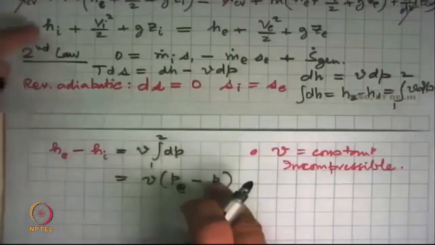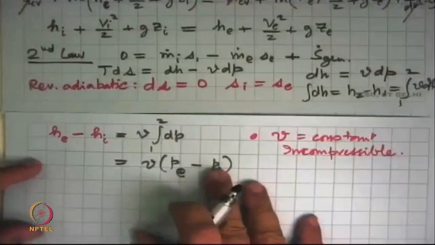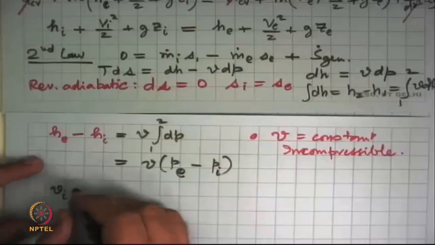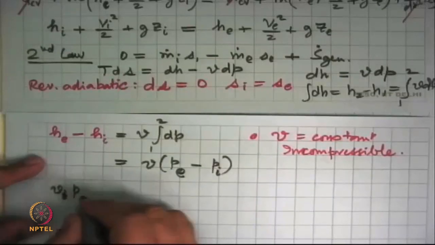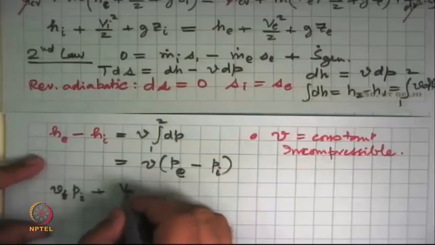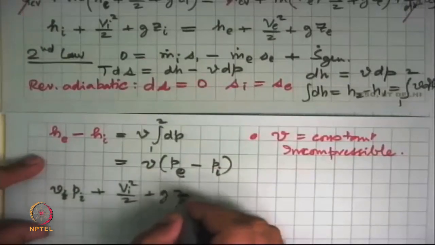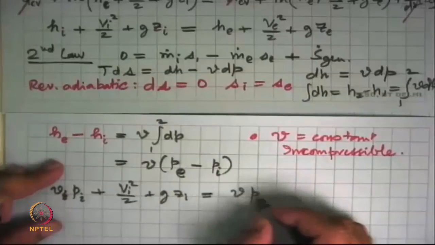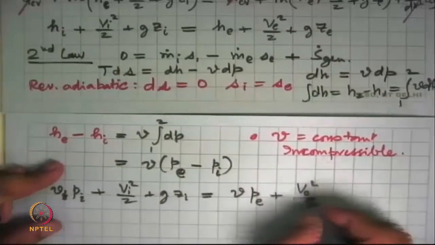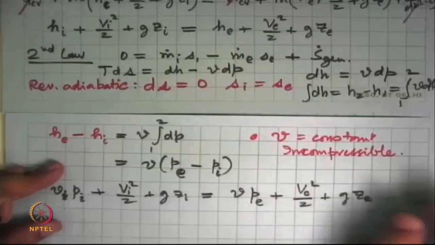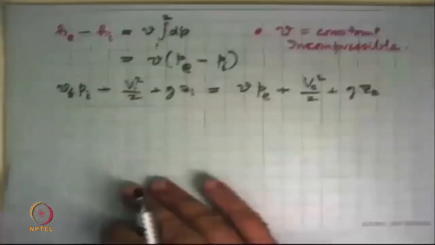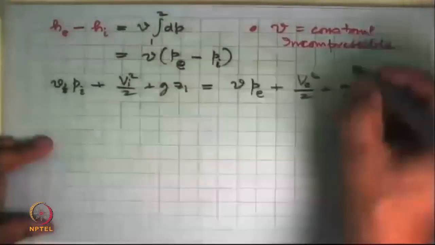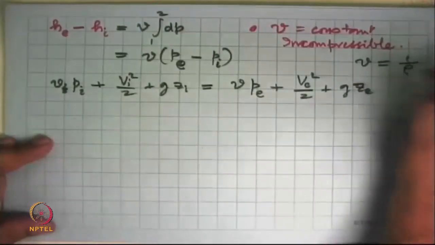And now we put this back into the earlier equation, and what you get is V times Pi plus Vi square by 2 plus g Zi is equal to V Pe plus Ve square by 2 plus g Ze. And to make it look a little familiar, we will just write v, which we know is 1 upon density, rho.